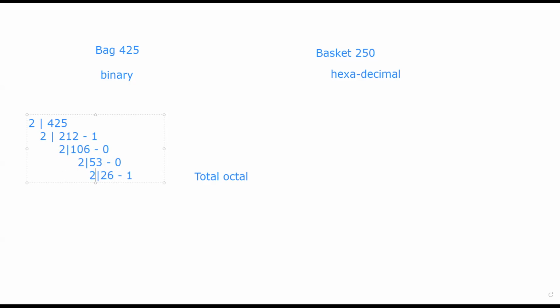You divide by 2 again. When you divide 26, it's 13, remainder is 0. So again, you divide by 2.